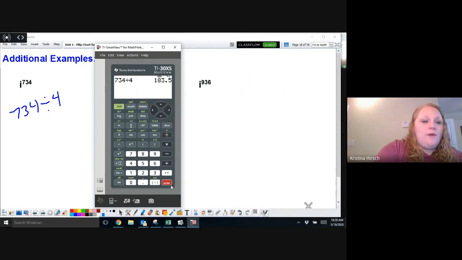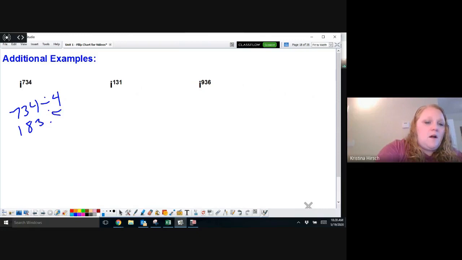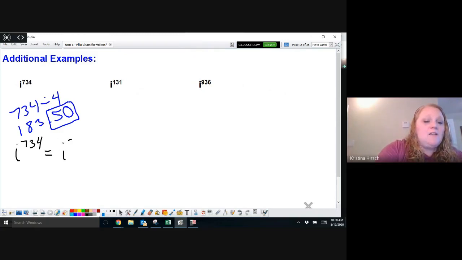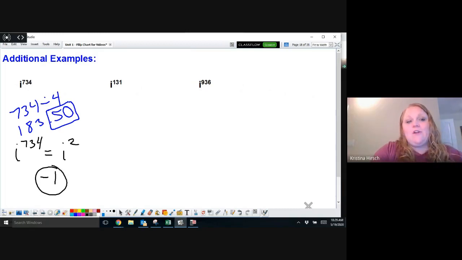I get 183.5. Think about money. That would be $183 and 50 cents. How many quarters is 50 cents? 2 quarters. So i to the 734 is equivalent to i squared, and we know that i squared is negative 1. So i to the 734 is equivalent to negative 1.